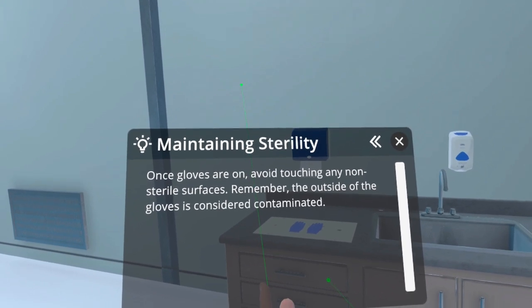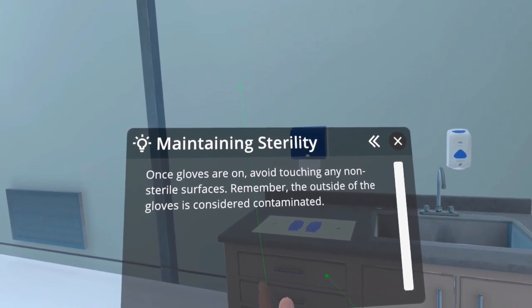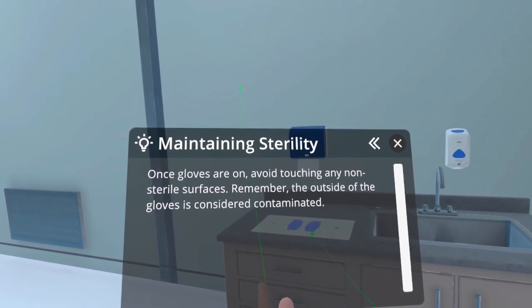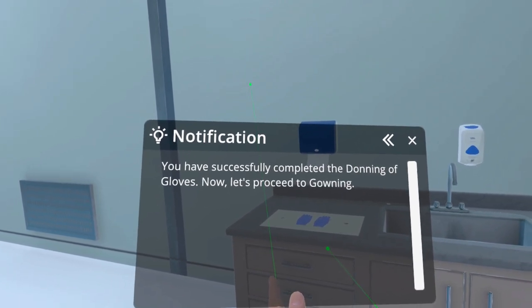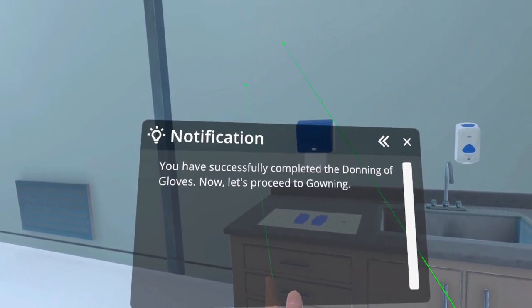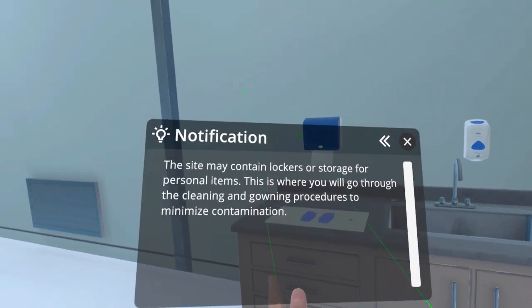Once gloves are on, avoid touching any non-sterile surfaces. Remember, the outside of the gloves is considered contaminated. You have successfully completed the donning of gloves. Now, let's proceed to gowning.